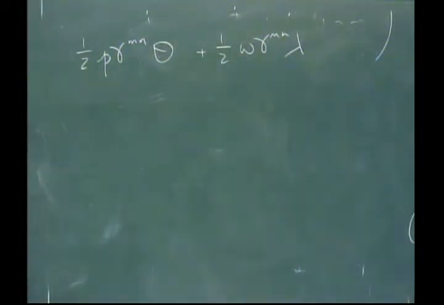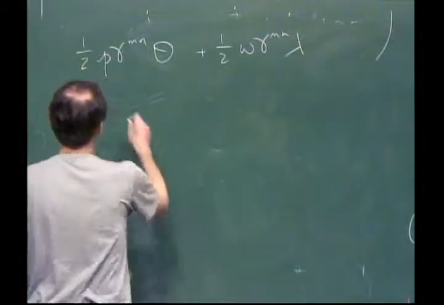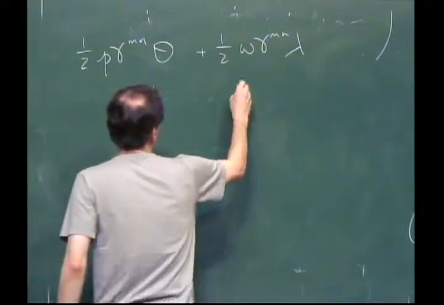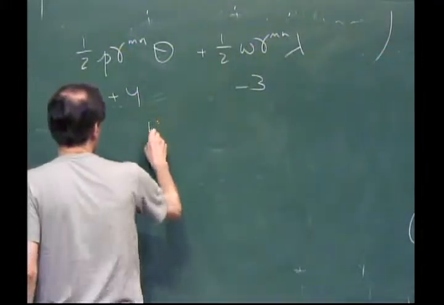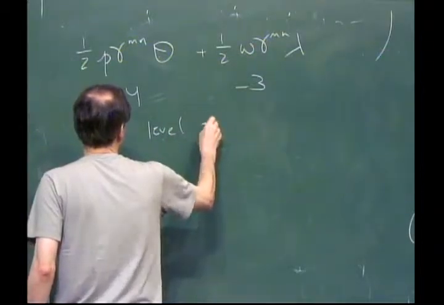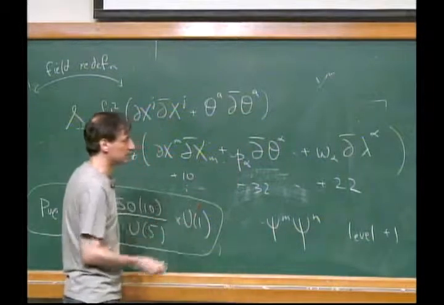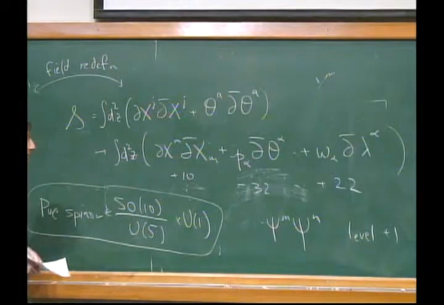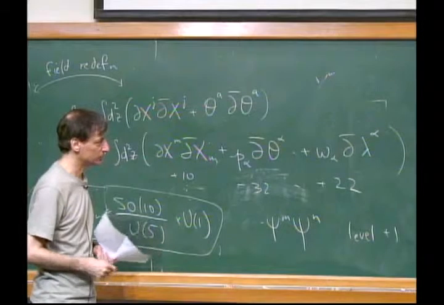And it turns out, if you compute the SO(10) Kac-Moody algebra of this system here, it gives you +4. And if you compute for this system of pure spinors, you get -3. So the sum is still +1. So not only do you get cancellation of the conformal anomaly, you also get the correct level of the Kac-Moody algebra coming from the SO(10) current algebra.